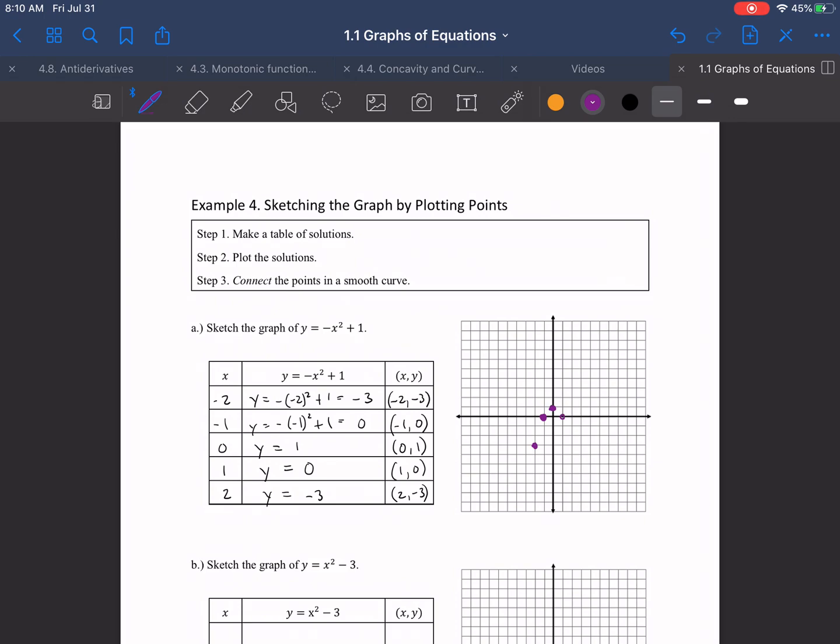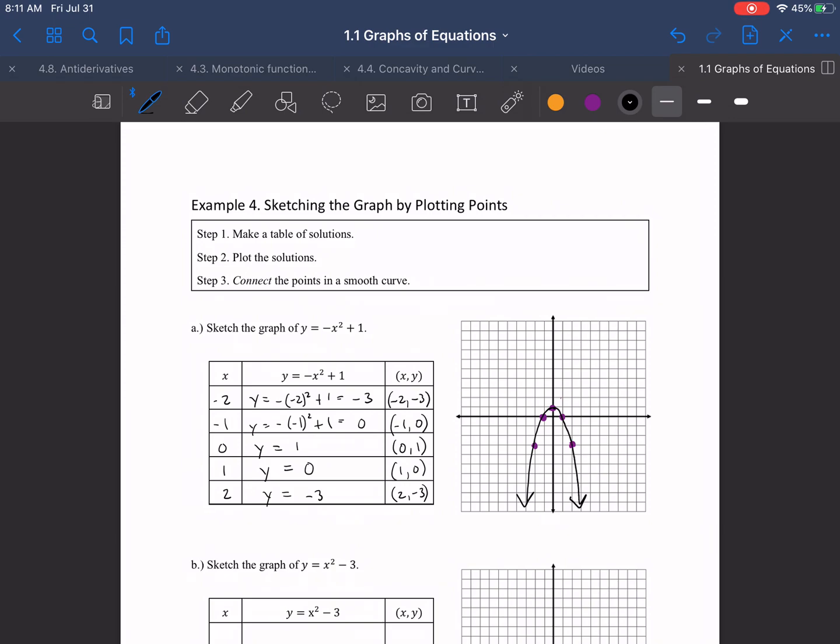Then the point 1, 0. And then the point 2, negative 3 right there. And this is definitely not a straight line. We can't fit a straight line to it. It's not the V-shaped absolute value one either. It is, like I said before, the parabola. So it's going to do something like that.